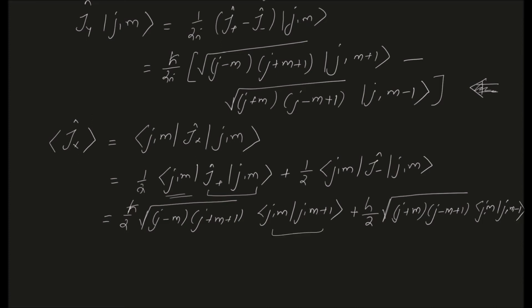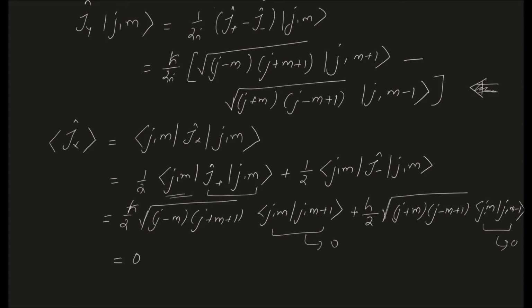Now you can see that this goes to 0 because those are orthonormal states. jm with j, m plus 1 or jm with j, m minus 1 are 0. So the expectation value of Jx is equal to 0.